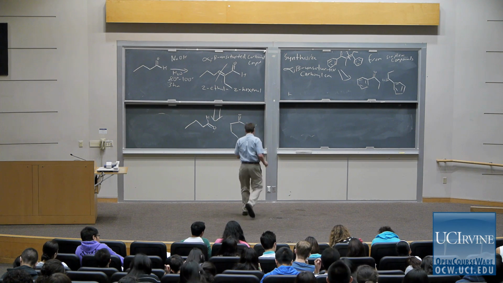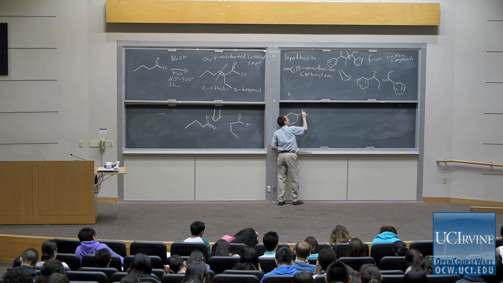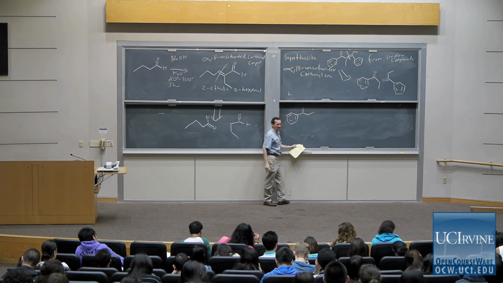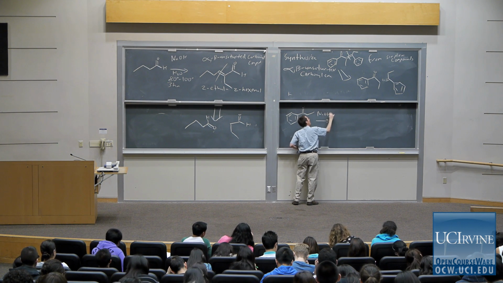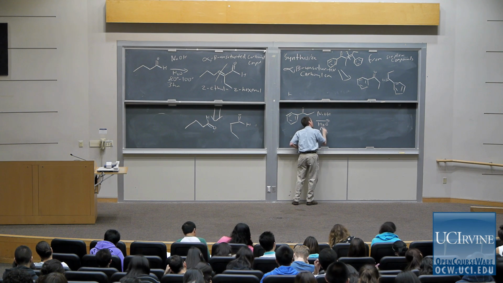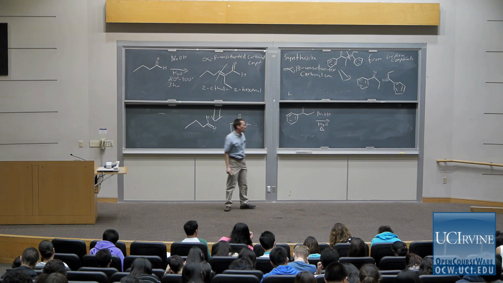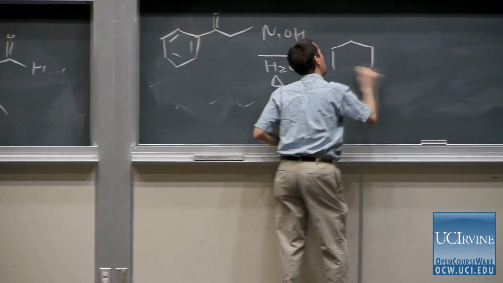So now we've learned about one set of conditions for the aldol reaction with dehydration. And so basically we'll just take our propiophenone and our favorite sodium hydroxide. Honestly, you could use potassium hydroxide interchangeably, water as a solvent or water alcohol mixtures, and heat.